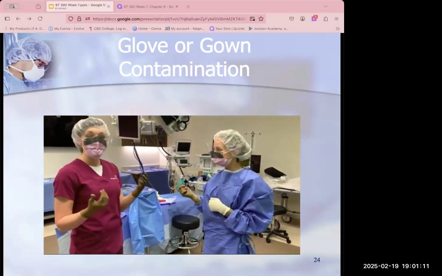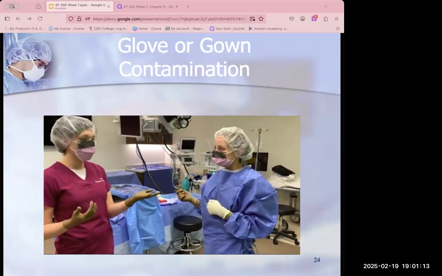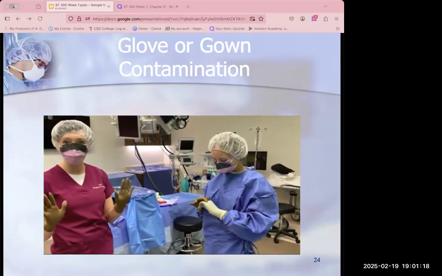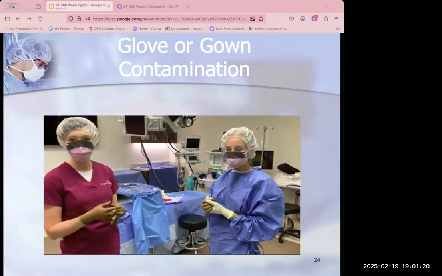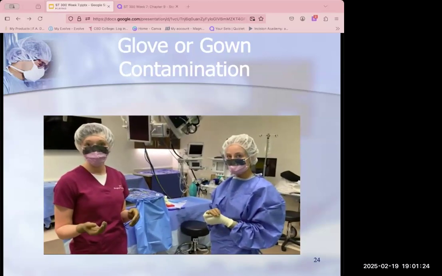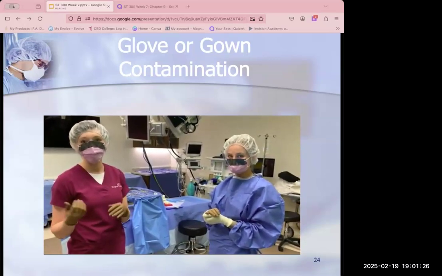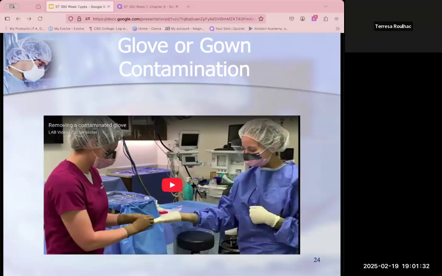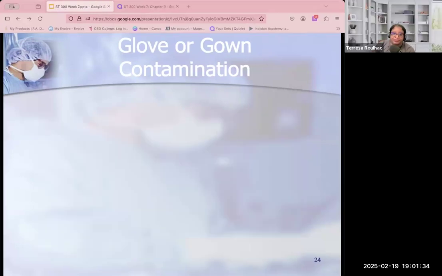So now the circulator will open up a second set of gloves for them to place on top. So now you're back to being double gloved and everything is totally sterile. So if you contaminate your glove, it has to be the circulator that removes it while they are wearing exam gloves. Does that make sense? Okay, perfect.